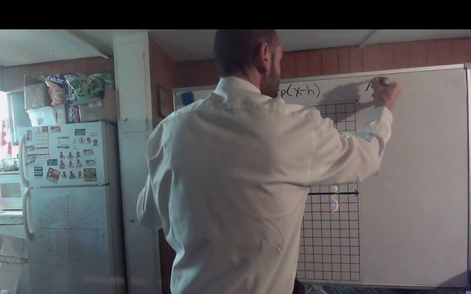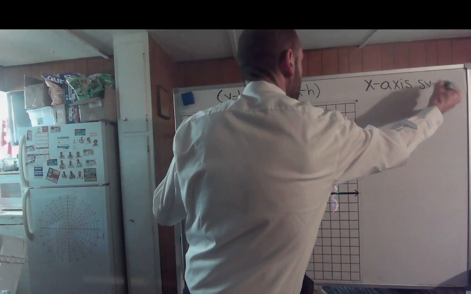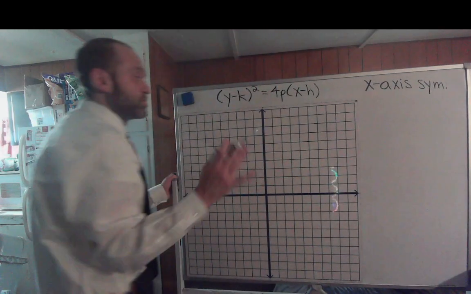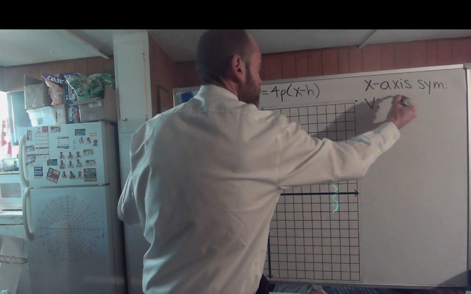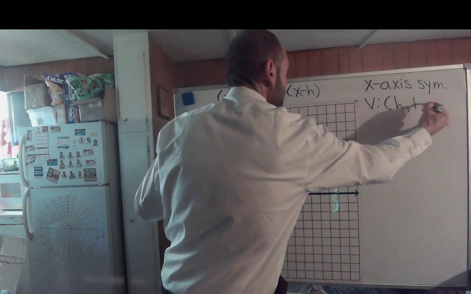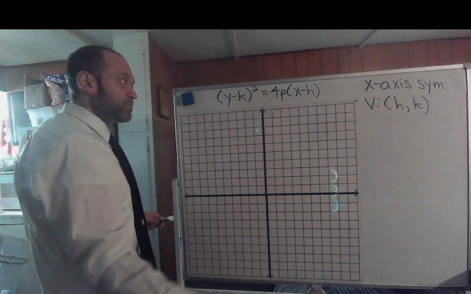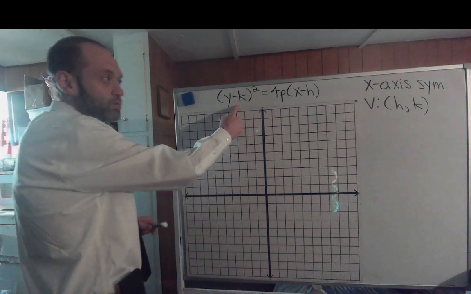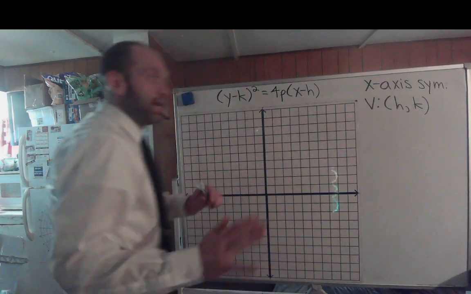So this is the standard form of the equation for a parabola with x-axis symmetry. Now your vertex, believe it or not, hasn't changed. It's still going to be at that hk. If you set x minus h equal to 0, you get x equals h. You set y minus k equal to 0, you get y equals k, so your vertex is still hk. That hasn't changed.